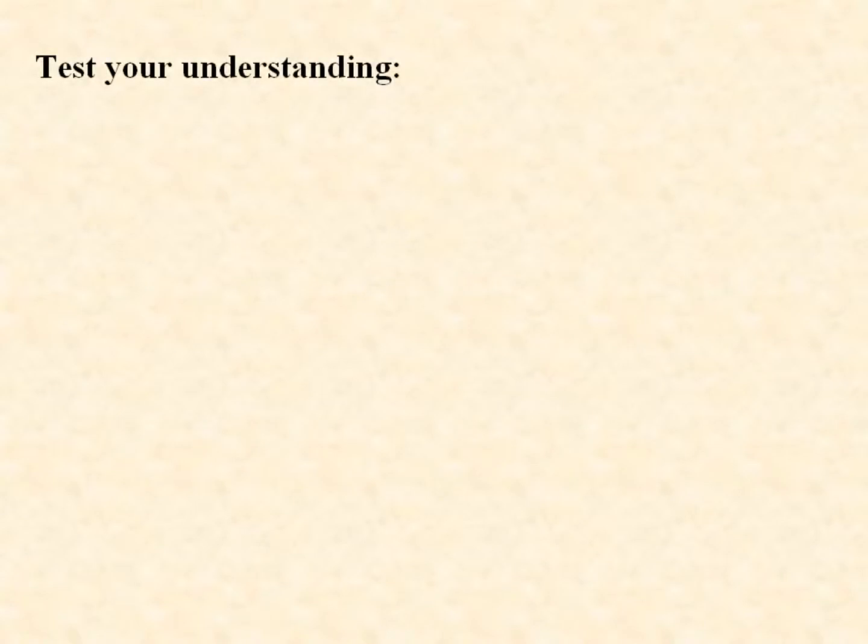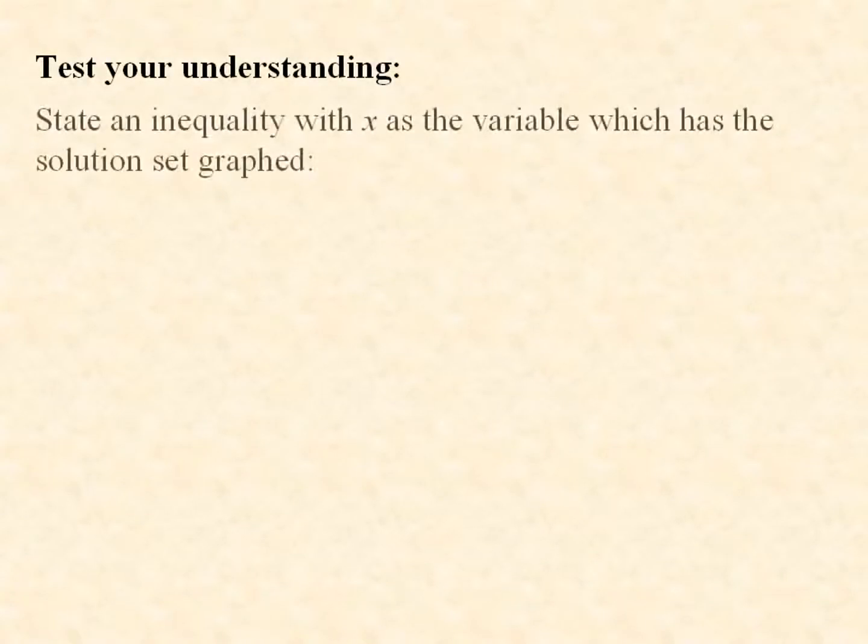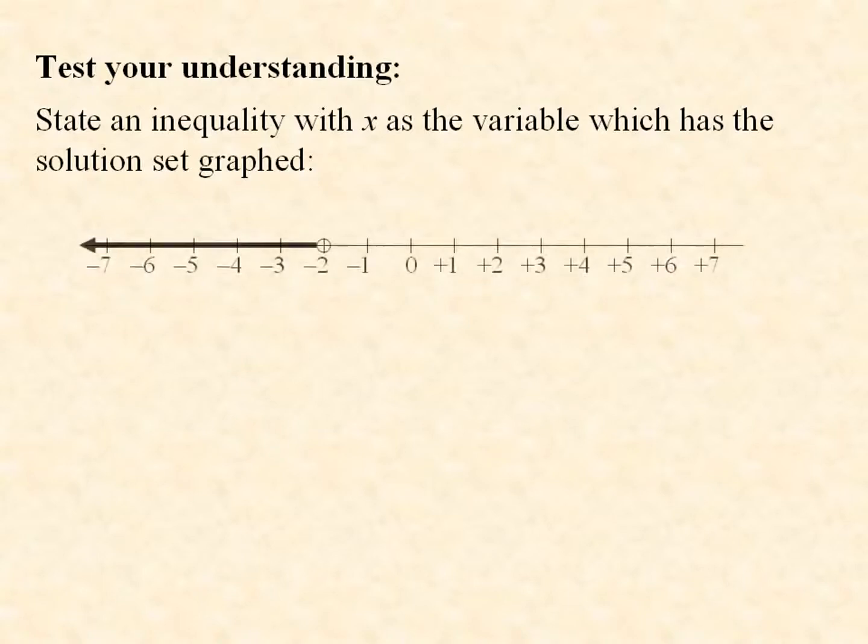Let's test your understanding. State an inequality with x as the variable, which has the solution set graphed. What do you think this is? You could say x is less than -2. Or you could say -2 is greater than x.